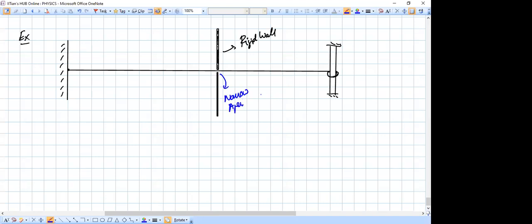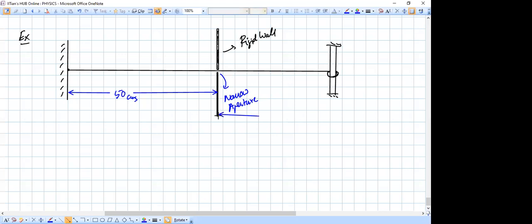Now let us say that the length of this portion is suppose 50 centimeters, and the length of this portion over here is 30 centimeters.